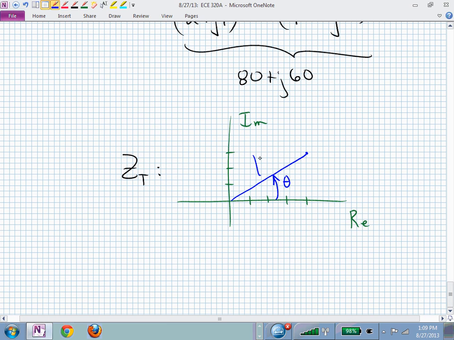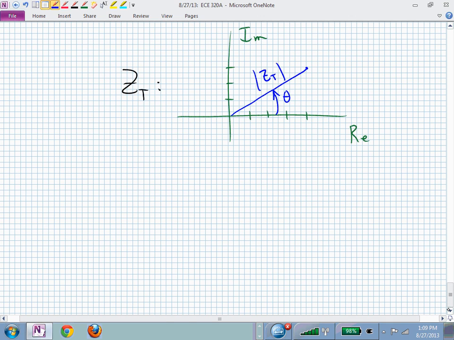So if we wanted to, this would be now the magnitude of that impedance, Z sub t. And that should be what value? Square root of 60 squared plus 80 squared, which is 100, right? And that angle is the inverse tangent of 60 over 80. So we now know what Z sub t was.